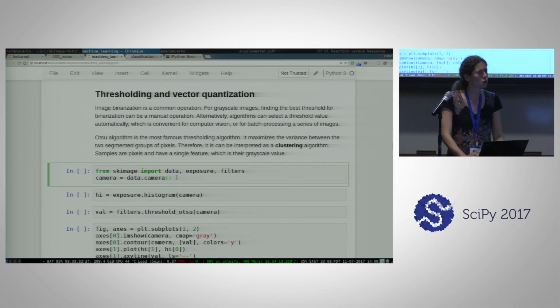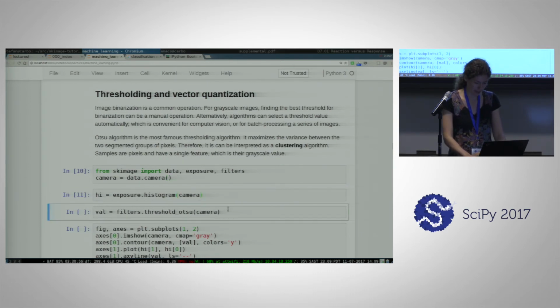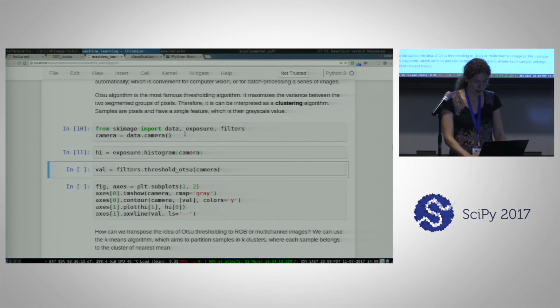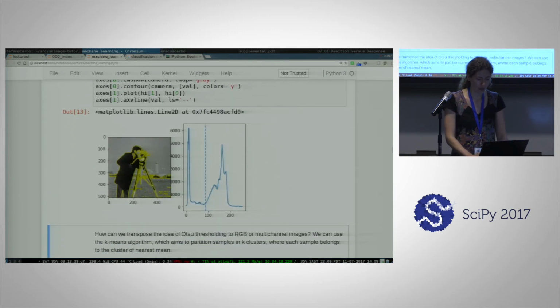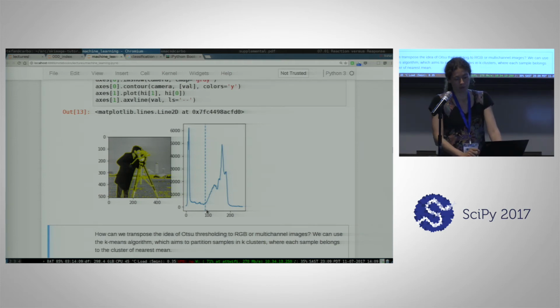And you saw two different algorithms, which were Otsu and Li. So let's do this again with the camera array. Here I compute the histogram from the exposure module, and then I compute the Otsu threshold. What you see here in yellow is the boundary of the segmentation, and the dotted line corresponds to the Otsu threshold. Otsu is one of the tricks that everybody who does machine learning or image processing should know.